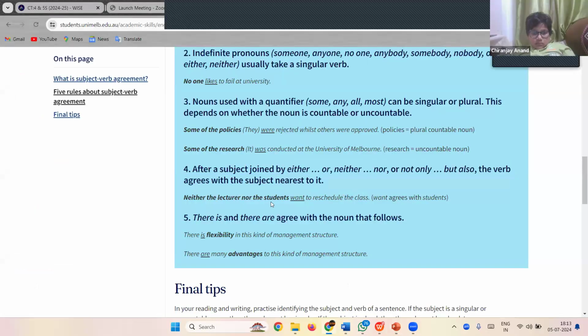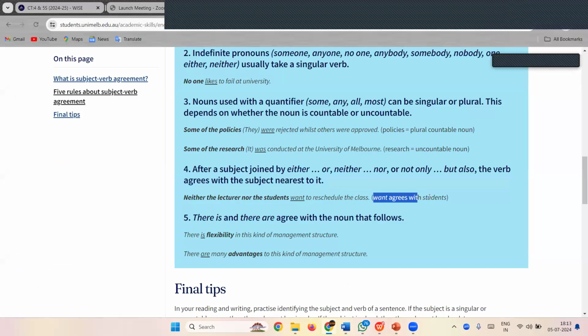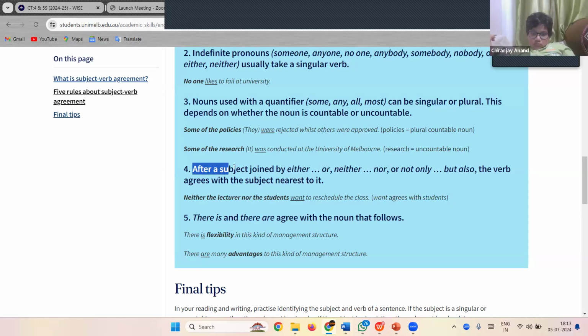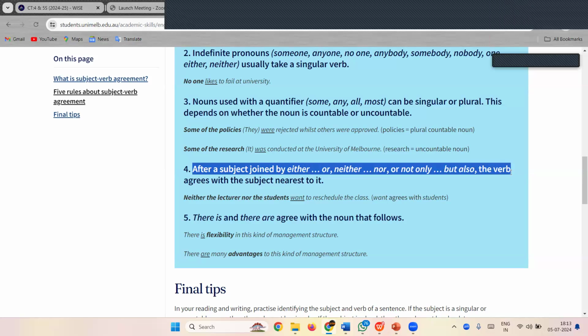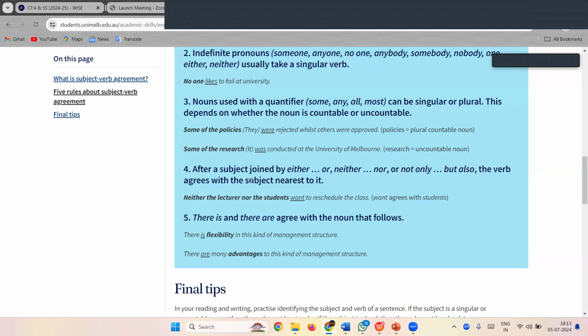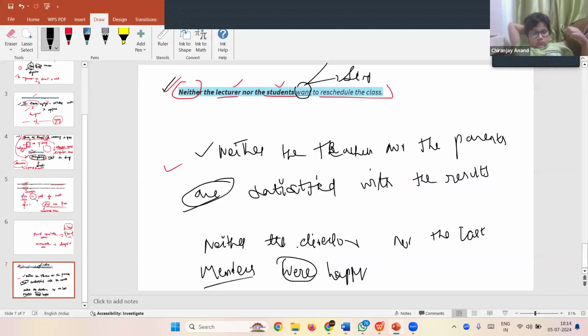See here, neither the lecturer nor the students want to reschedule the class. Want agrees with students. What is the rule? A verb after subjects joined by these words should agree with the subject nearest to it. Here the nearest subject is cast members, right?